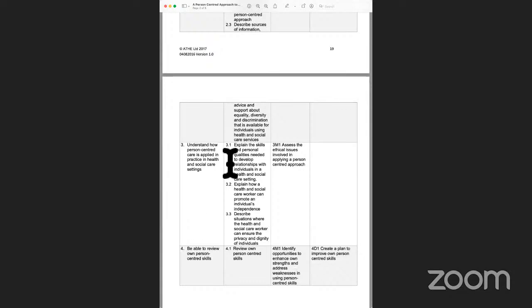Now, this particular learning outcome has 3 assessment criteria. So we'll be looking at the skills required to be able to develop relationships within this job responsibility that you do. If you do become a health and social care assistant or a professional, what are the basic qualities that you would need to have to be able to develop relationships? Because the person who's providing this approach over a point in time is able to build a positive relationship.